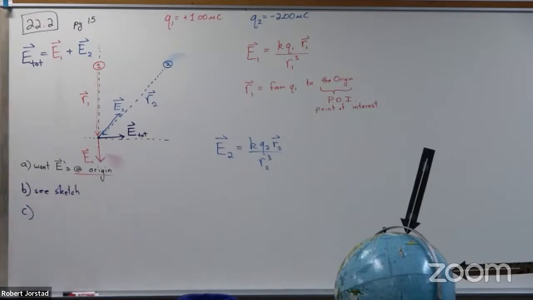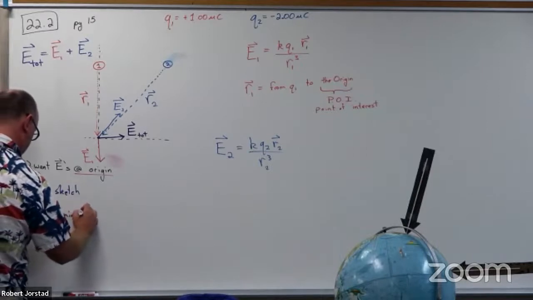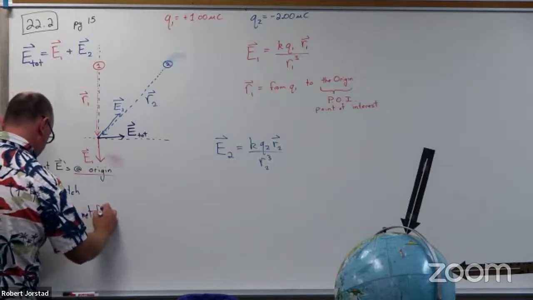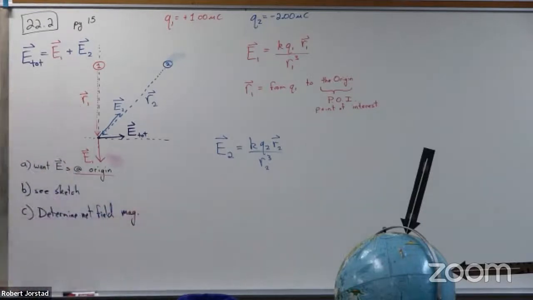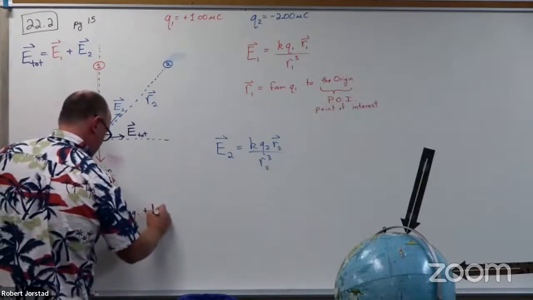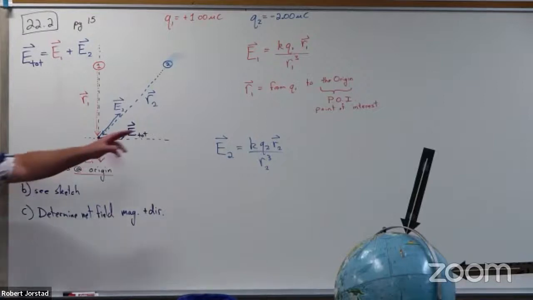C is asking us to get the magnitude and direction. Okay, so in this case, I need to get the numbers for these and plug them in.